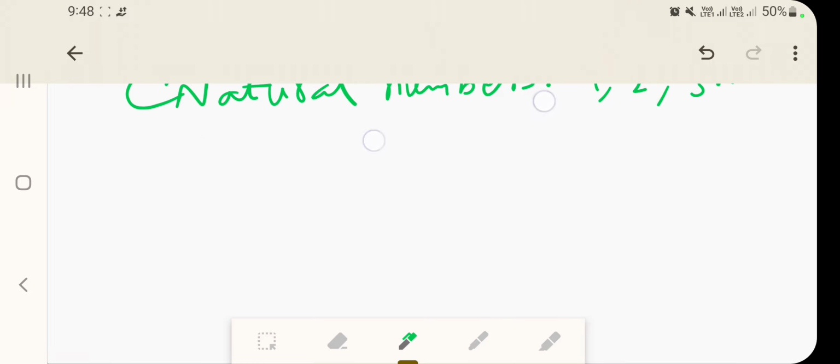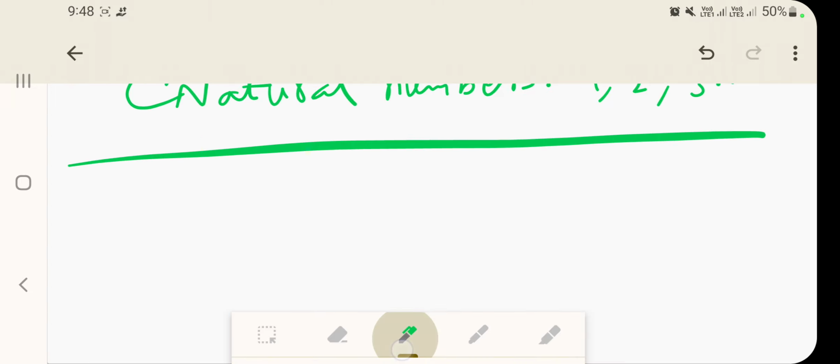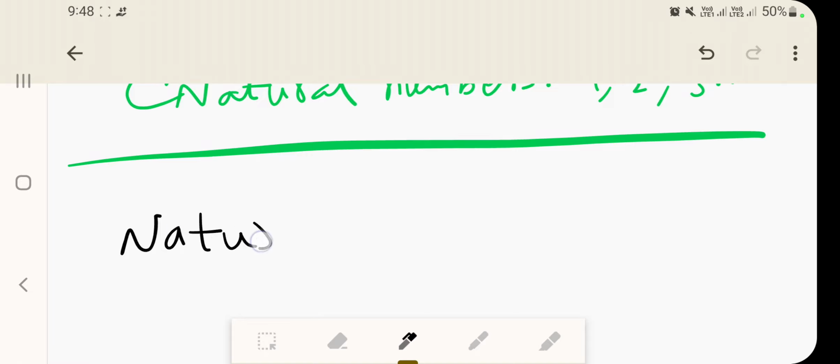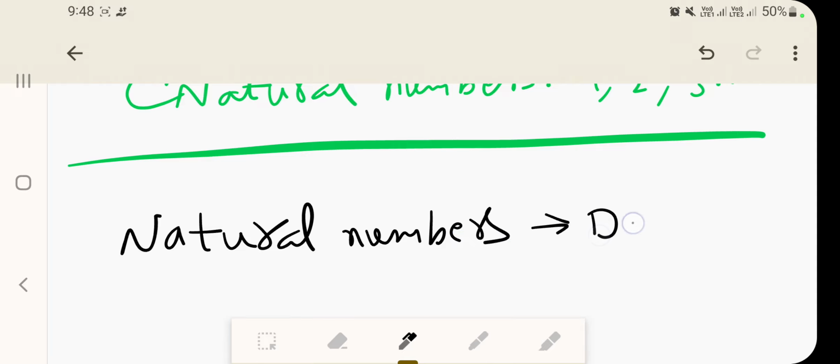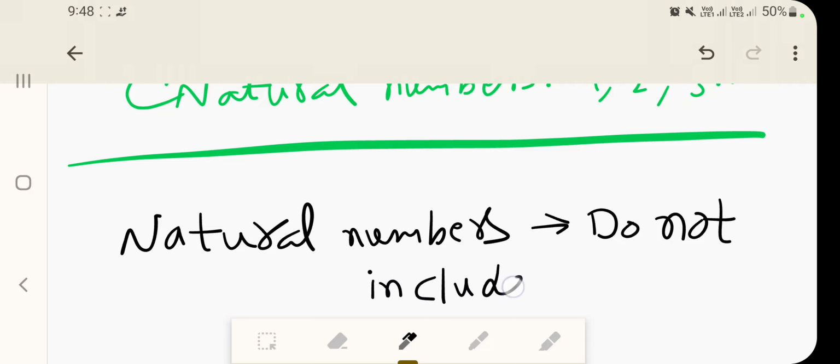I'll write that again here. Natural numbers do not include 0 and negative numbers.